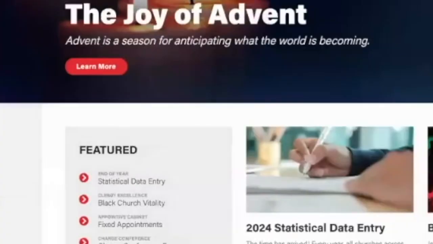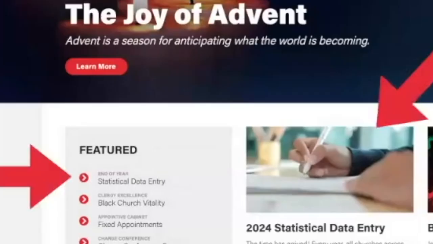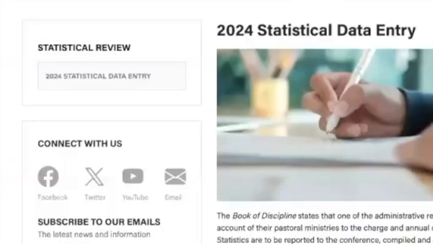And then you will see two opportunities to reach the statistical material. You can go to that picture under statistical data entry. If you click the picture, you'll get there. Or also in the menu to the left, you can see statistical data entry. Once you click either one of those, you will see this screen.